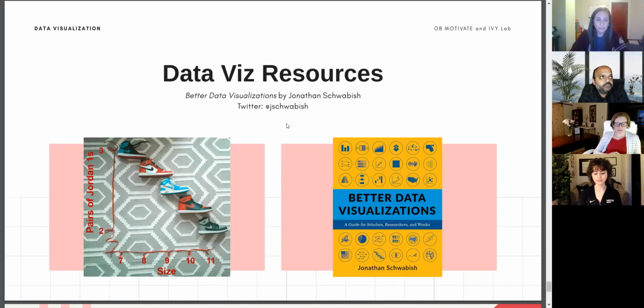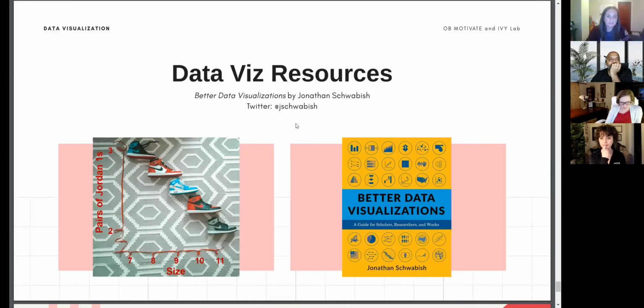There is a hashtag called Tidy Tuesday that is all about designing data visualizations, and you don't have to do it yourself, but you can get inspiration from others, see how other people are redesigning kind of boring plots or maybe spaghetti plots, to see how they are piecing together these guidelines to come up with different options to see what you like and what you don't like. So I think Twitter is great for that.